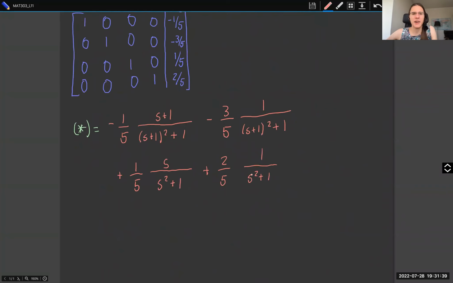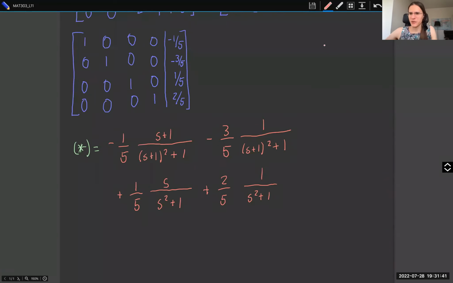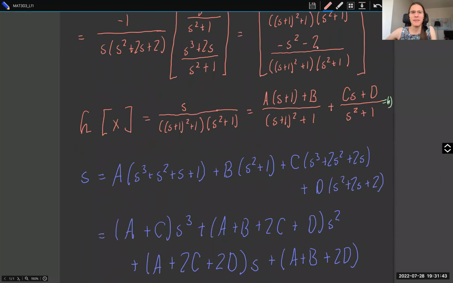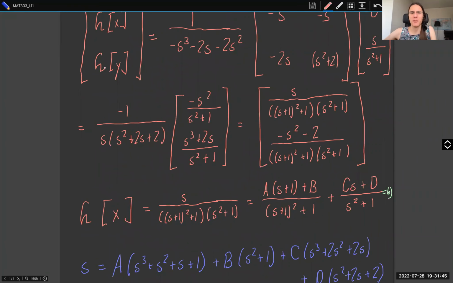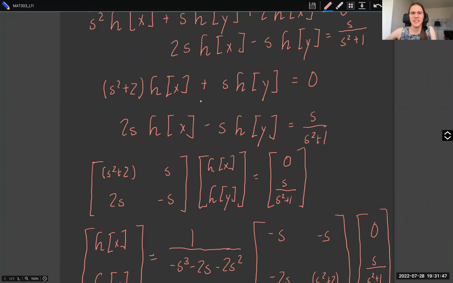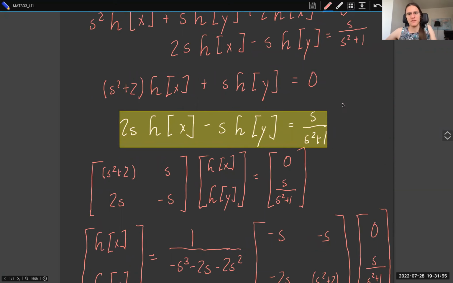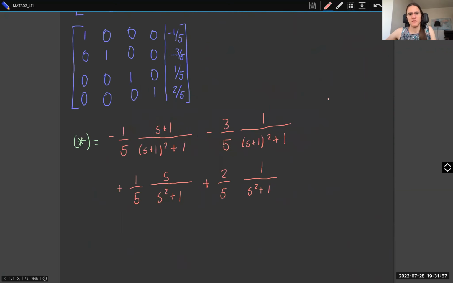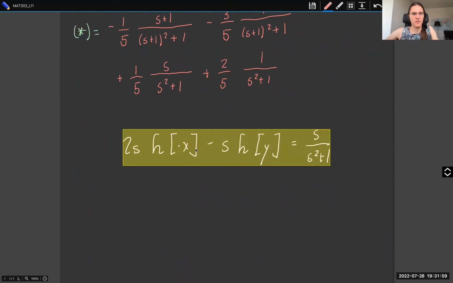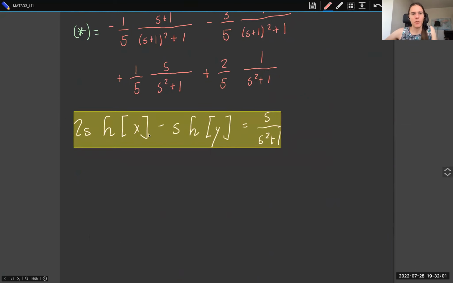Now, I have some good news for you. And that's that I am not going to repeat this for the Laplace transform of y. There's actually a shortcut. Look at this formula right here.